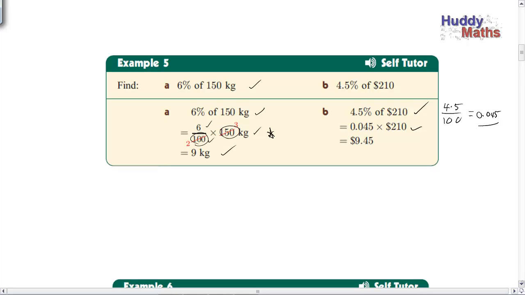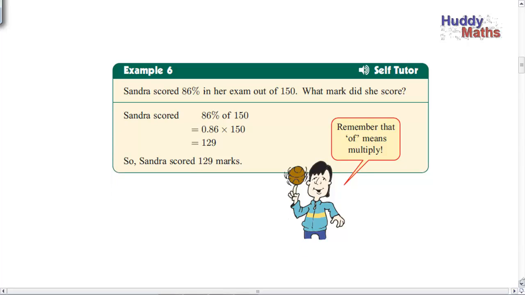All right, let's look at another one. Sandra scored 86% in her exam. What actual marks? She's going around saying she got 86%. I wonder how many marks she lost. So let's say 86% of 150 is 86 out of 100. Cancelling is going to get a bit rough here, so you could just move the decimal place in at 86. It's 86.0, so this is 0.86.